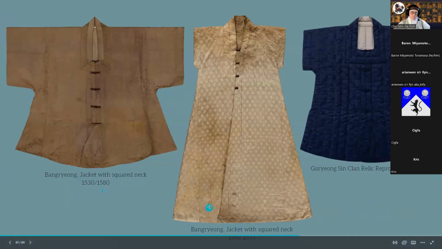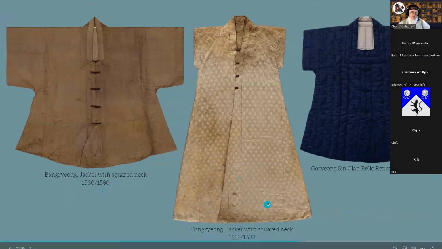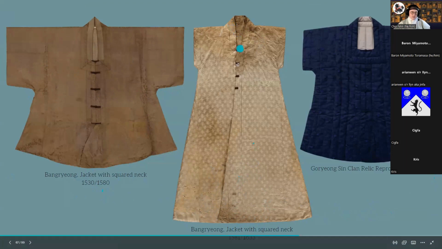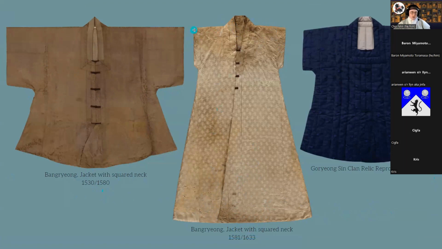But here you can see the person who owned this one was born when this person died, so this one's probably around the 1630s, and in that time span you can see the armpits came up closer to the actual natural armpit, and we got some longer panels here, and then the sleeves shortened. So if you see something like this, it's really late Joseon period, instead of being more in our period, which would have been the wide, baggy, and short.